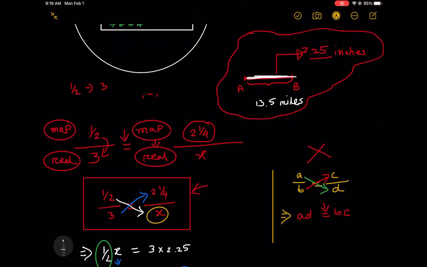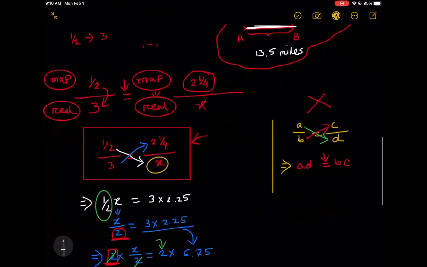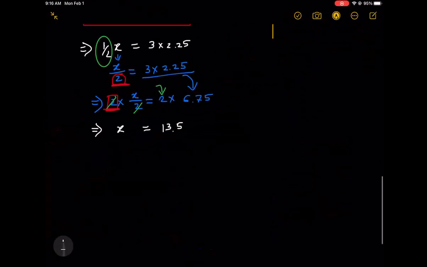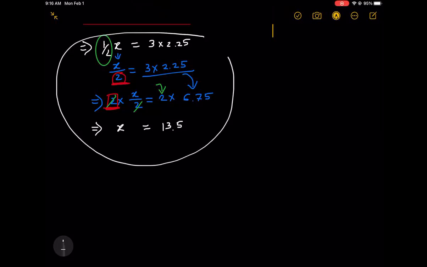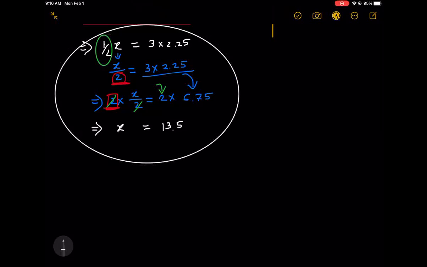Any question from this? I'm going back to the solution part again. Take a close look at this and see if you have any question.